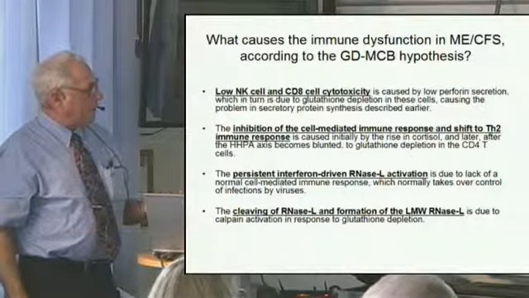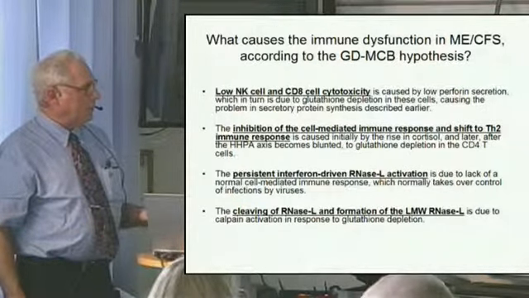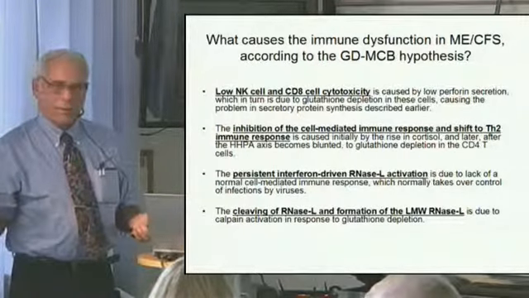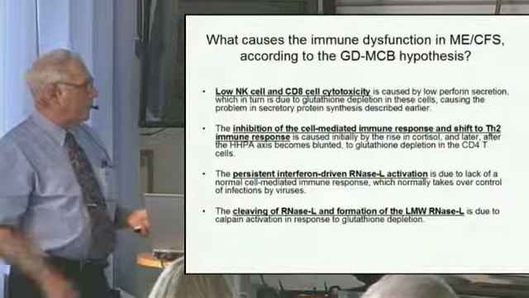And as I said earlier, I think that's due to glutathione depletion in these cells, because they have 20 cysteines, and so it's hard to make a good perforin molecule.